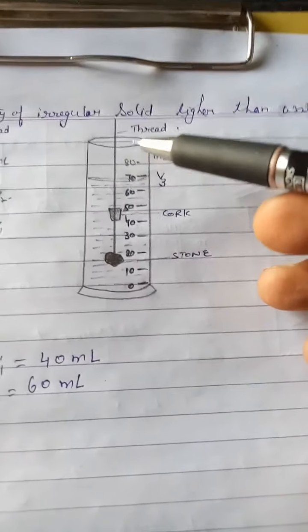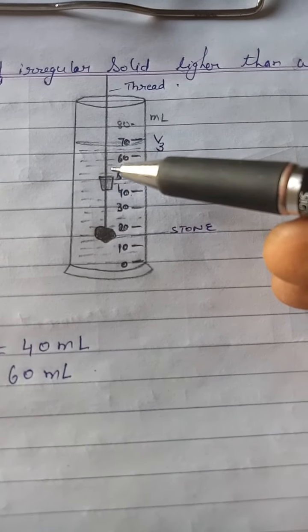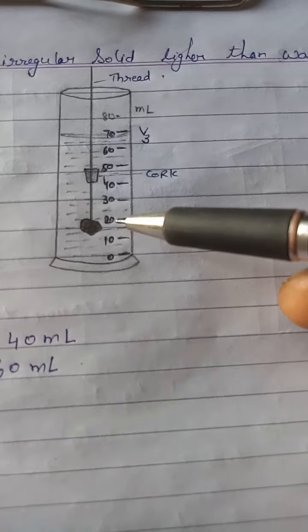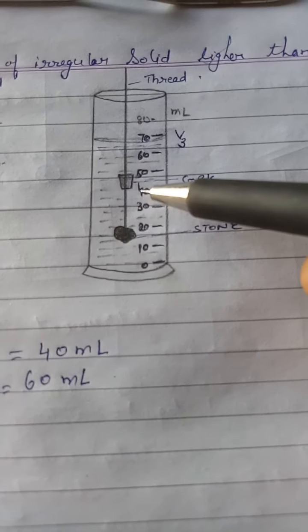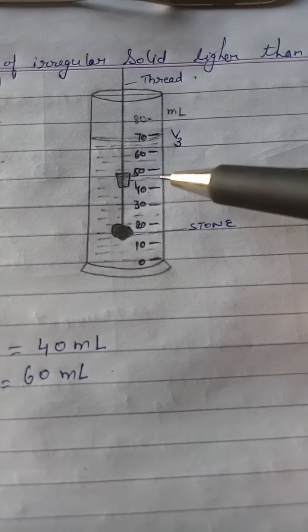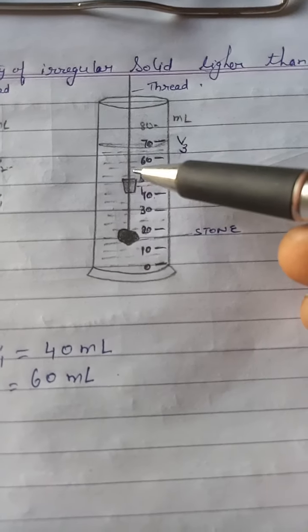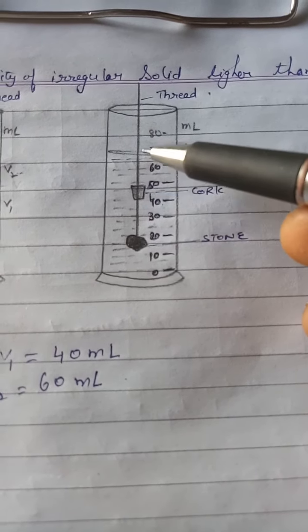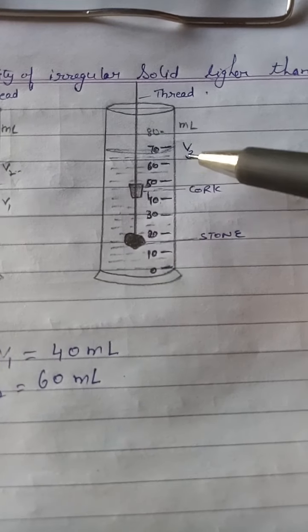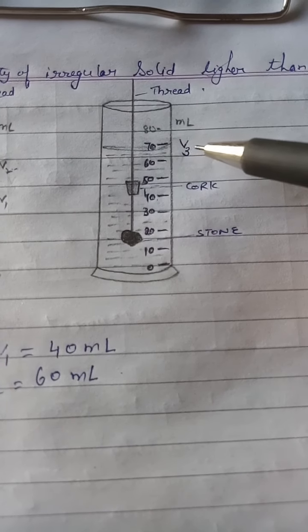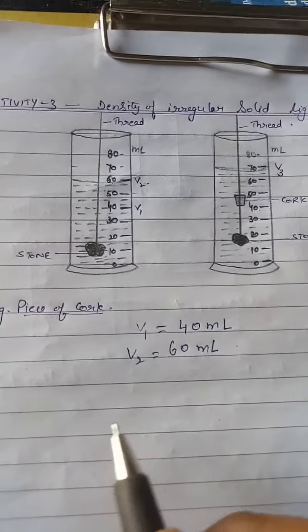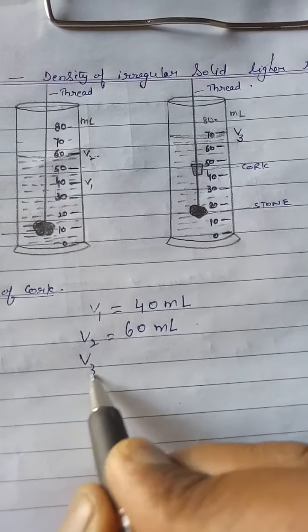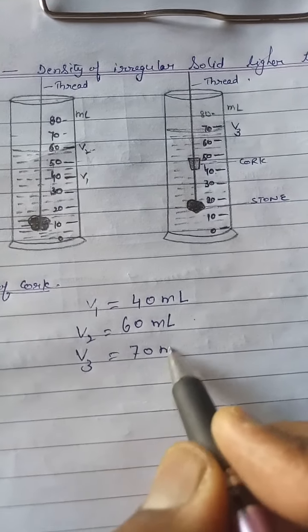Then after that gently immerse the stone with the cork in the measuring cylinder again. Then you will note that the level of the water rises again. Now the cork is tied with the same thread, and the volume increased. Now we have another volume, V3, that is equal to 70 milliliter.